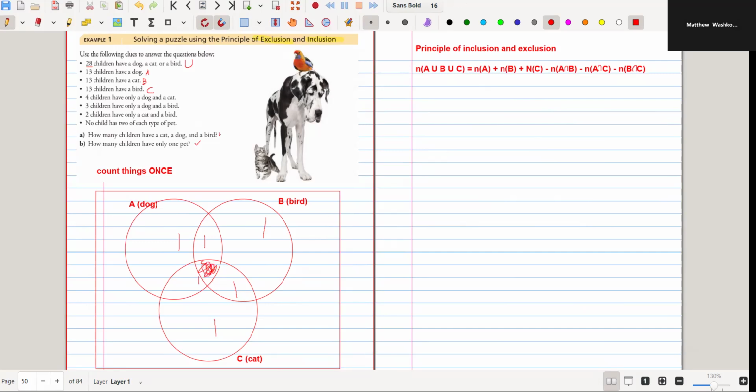That's a part of B and C, and that's a part of these ones here. So I've taken this away once, twice, 3 times. What's the problem? Now it's not being counted, right? So I need to add that back in. So now I need to add in the number of A union B union C.